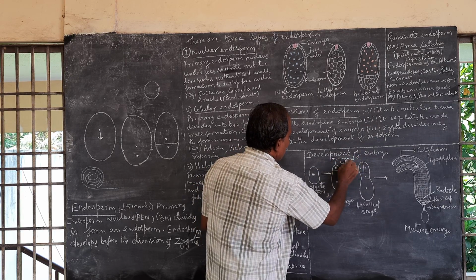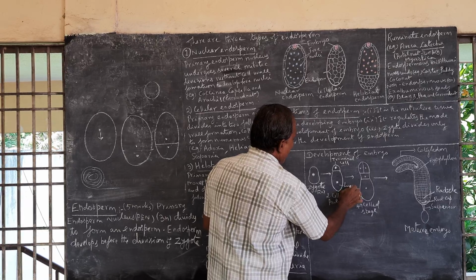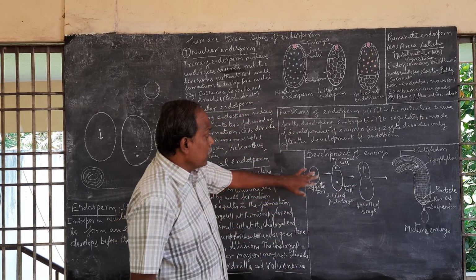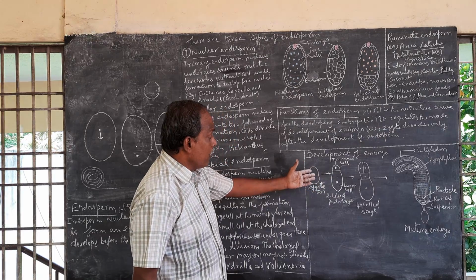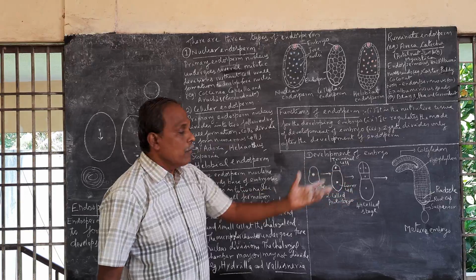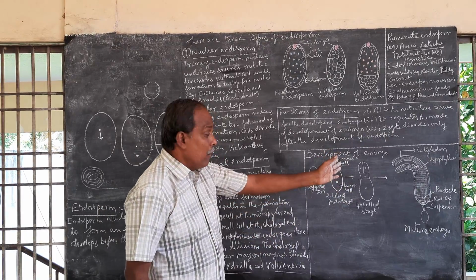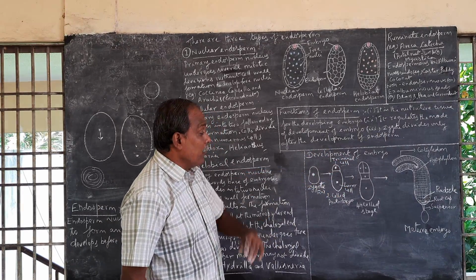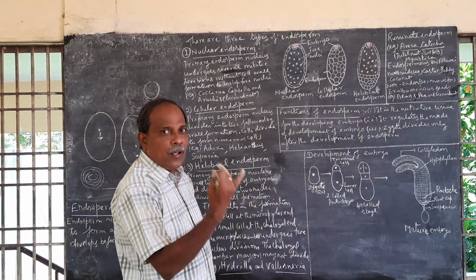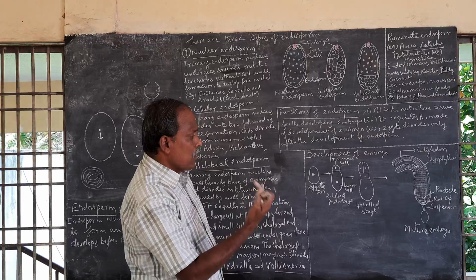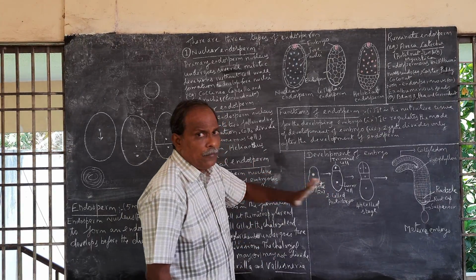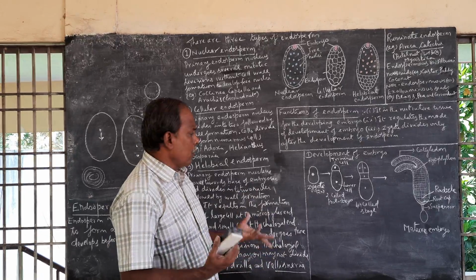The 2-cell embryo divides into a 4-cell embryo, then an 8-cell embryo, then it gives rise to the embryo. In the embryo you get plumule, radicle, suspensor, cotyledon. So this is about the development of the embryo, but not a detailed account.